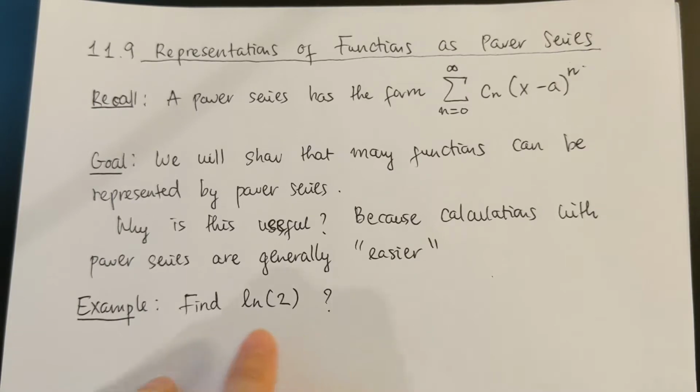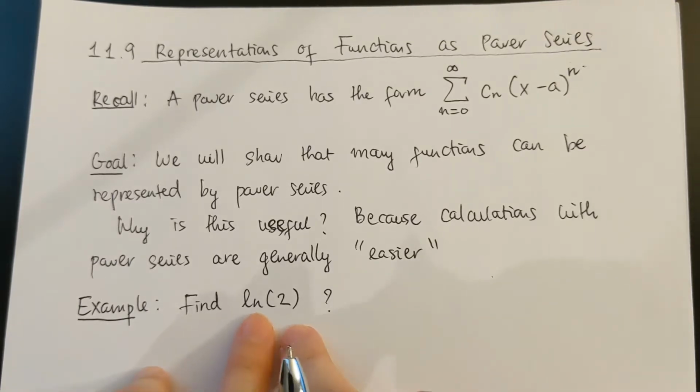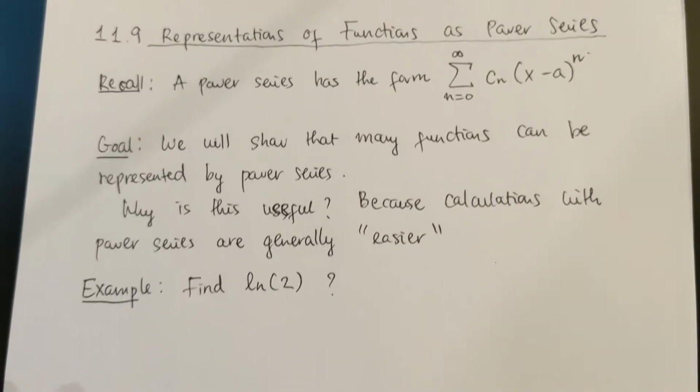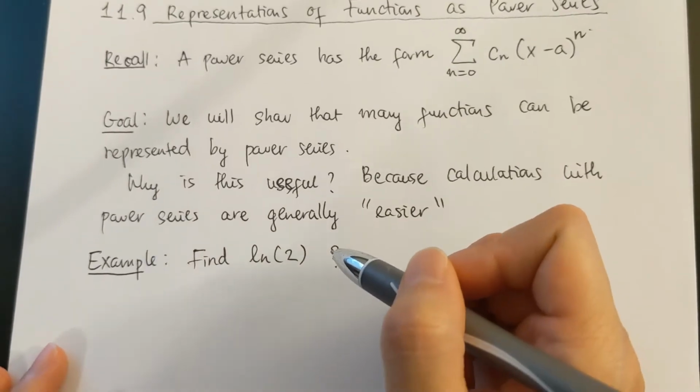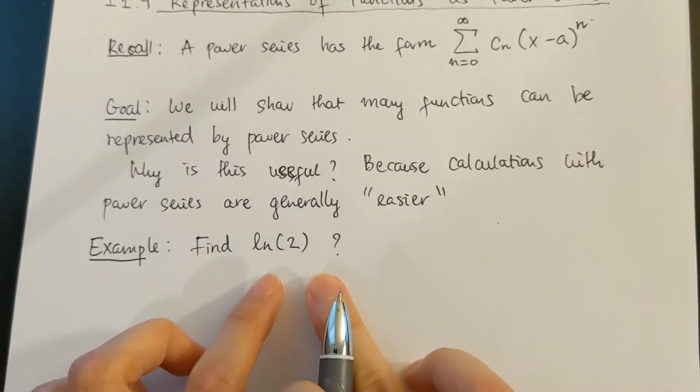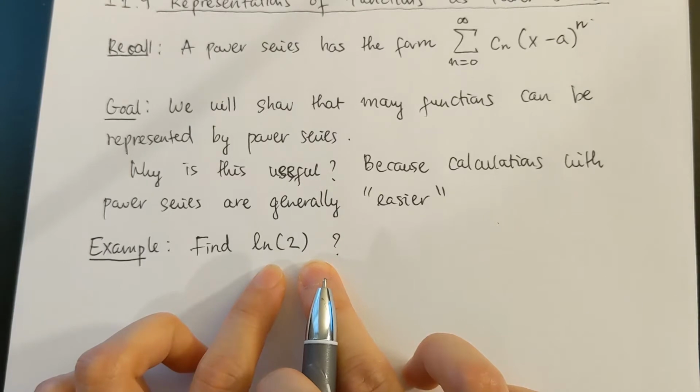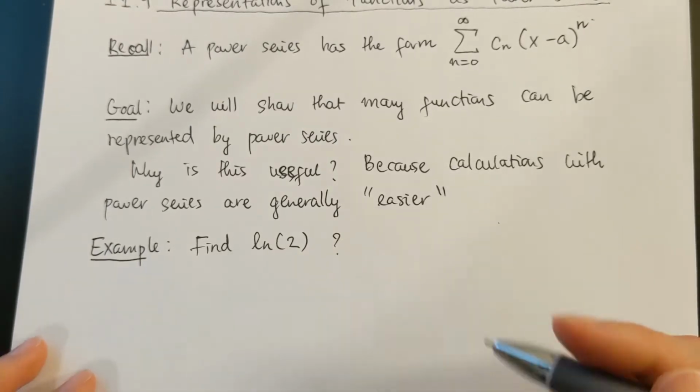Well, how do we input this? How do computer scientists input natural log of 2 in your calculator and make it understand what is meant by natural log? Well, in reality, your calculator will use a power series to calculate any value of a natural log function.